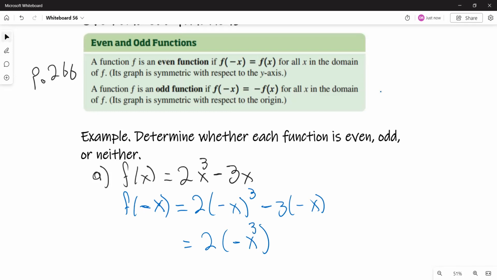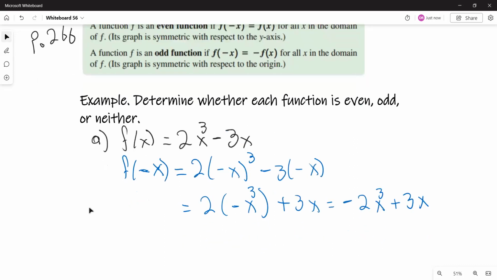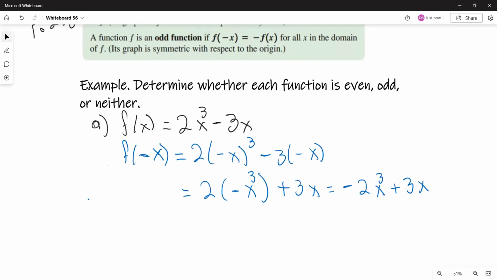And then minus times minus is plus. So 2 times the opposite of x cubed is the opposite of 2x cubed plus 3x. So if you compare it to the original function f of x, we actually have that the terms have opposite signs. So this is going to be the opposite of f of x. Okay, so this function is odd.